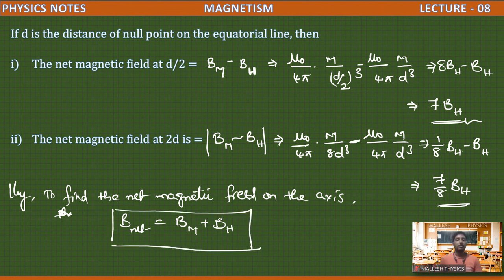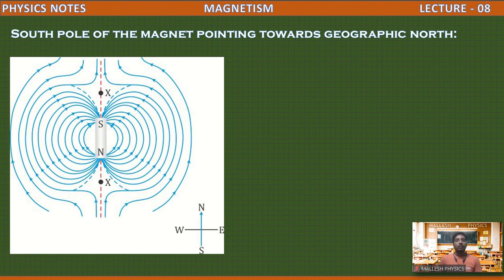Right now we will see when the south pole of the bar magnet is facing towards geographic north, so opposite direction. Here we are adjusting this bar magnet in such a way that its south pole is pointing towards geographic north. So when we place it like this, the pattern of magnetic field lines looks like this. Just observe the diagram.